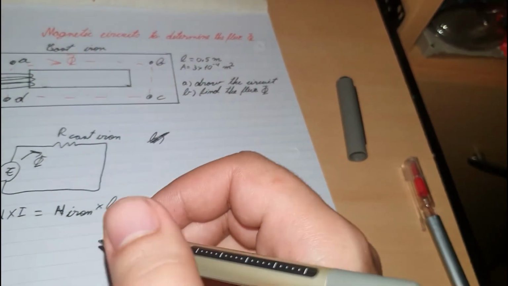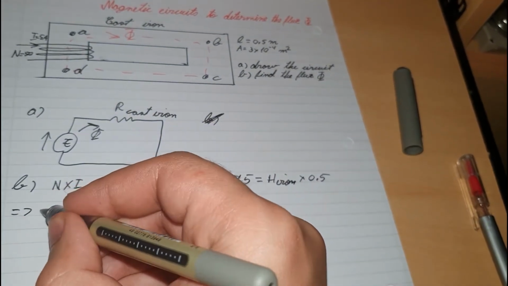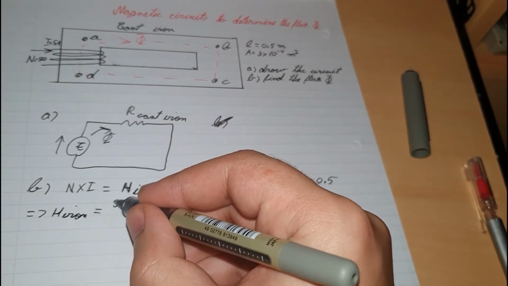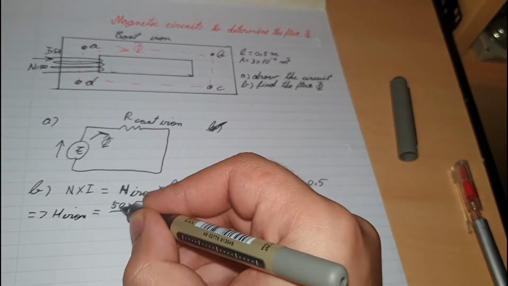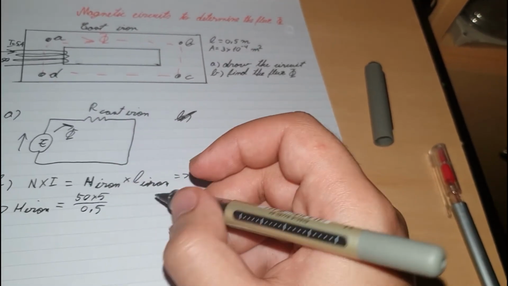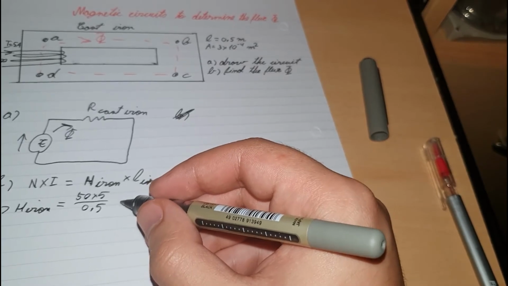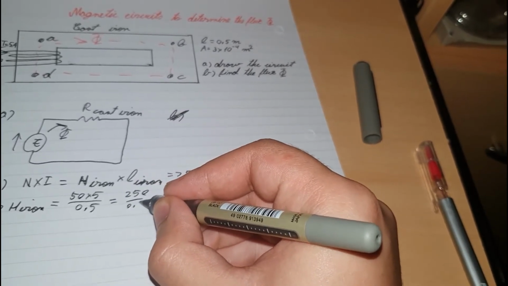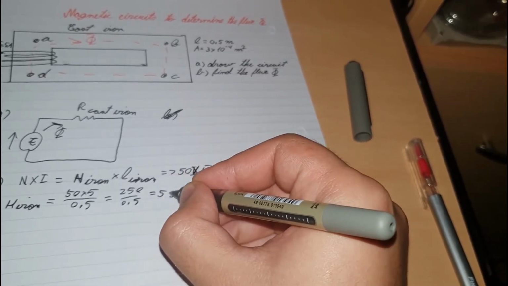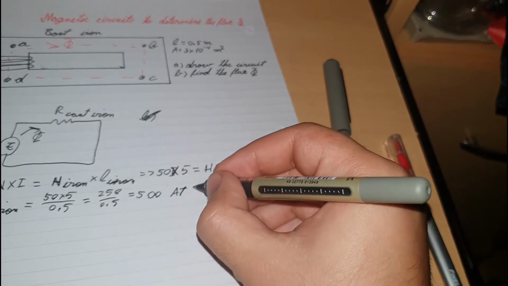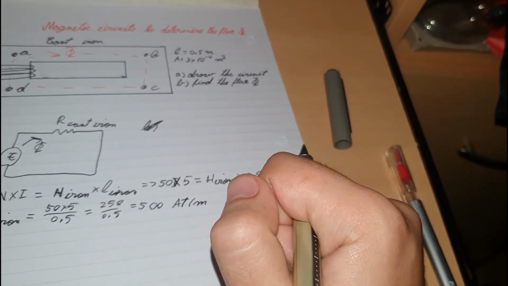Okay, and we can rearrange this as H iron equal to 50 times 5, the current, divided by 0.5, and then that will be equal to 250 divided by 0.5, and that will be equal to 500 ampere-turns per meter.